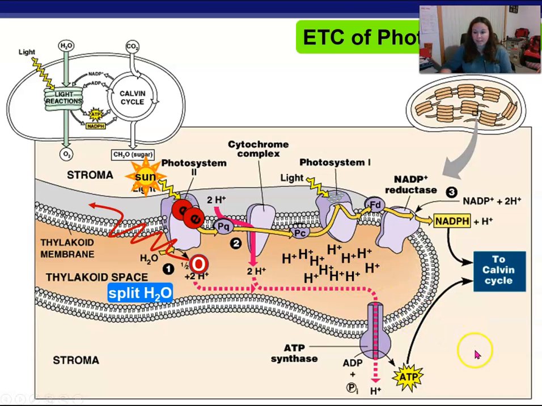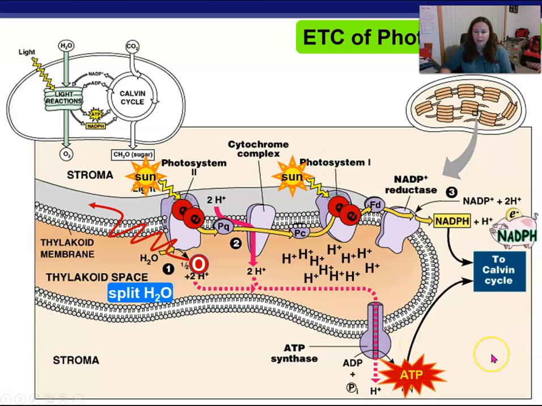And then our products are also going to be, besides the electrons and H's and the ATPs, we're also going to get oxygen, which we can breathe. I love it. So here we go. Now we're going to go to the Calvin cycle where we're going to make some sugar. Notice I haven't mentioned carbon dioxide yet because that's in the Calvin cycle.